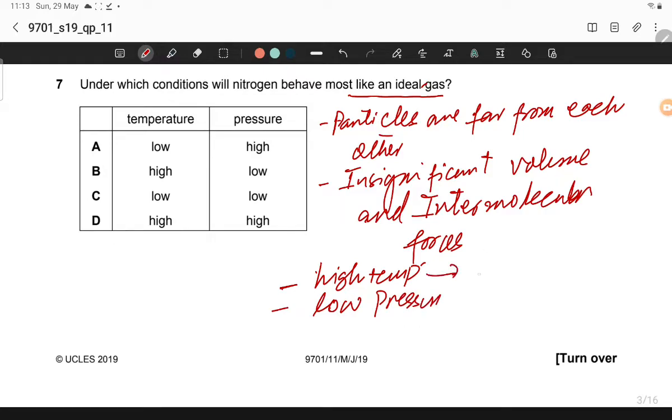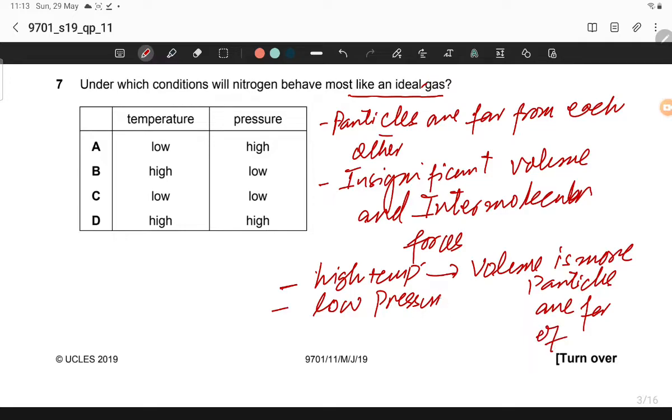At high temperature, volume is more, particles are far off, and there is insignificant force of attraction.